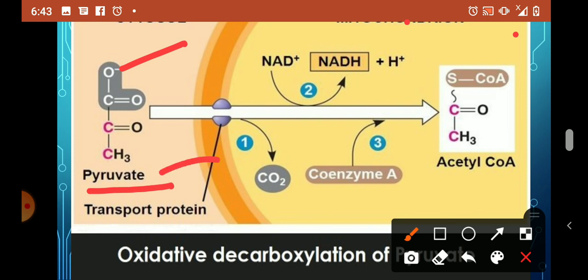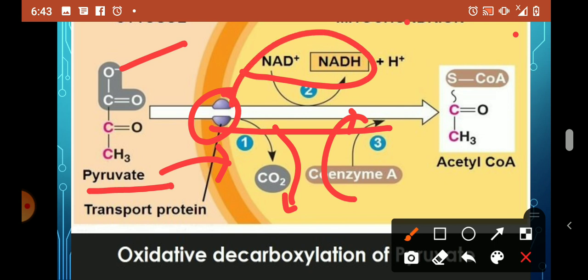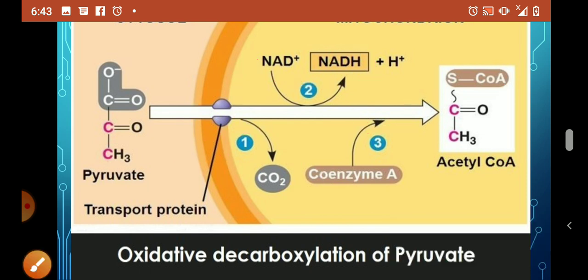So pyruvate is added into the mitochondria through the protein that is called pyruvate translocase. Then in the next process, one carbon dioxide is removed and coenzyme A is added, as well as NAD is reduced into NADH plus a proton, and finally we get acetyl coenzyme A.